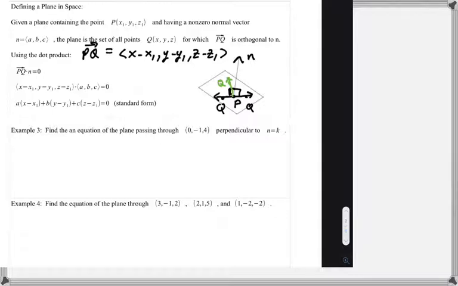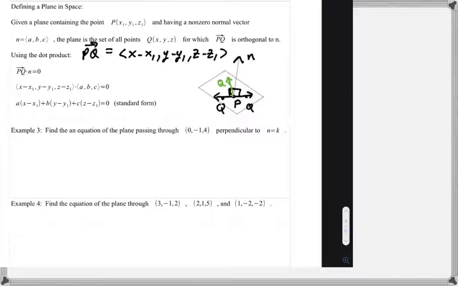So if you remember, if two vectors are orthogonal or normal, that means their dot product is equal to 0. So if we do the dot product of PQ and n, that's going to be equal to 0. Okay, so we have a times the quantity x minus x1.